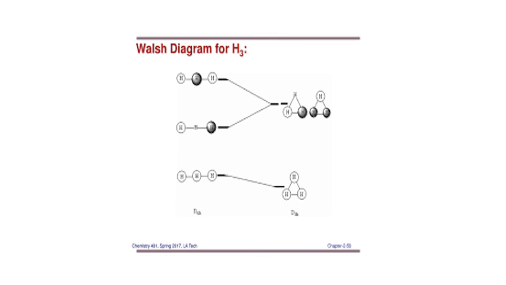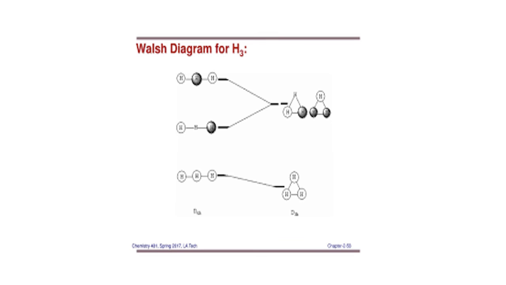3 sigma level. 3 sigma remains as anti-bonding in linear geometry, but its energy level is reduced in angular geometry. Why is it reduced? Because in the angular geometry the peripheral hydrogen atoms have positive wave functions very close to each other, which is an addition. When same wave functions are close to each other, they undergo addition.